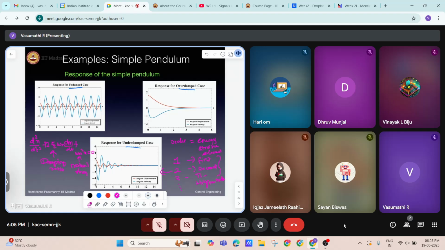So based on how well the doors are closing and not letting the AC out of the room, we can say the damping is good or bad. For example, I open the door, come into the room and leave the door as it is. I'm not pushing, I'm not giving any force. How quickly can the door come into the frame and lock? If the door is coming at a very slow pace, we call it an over damped response.